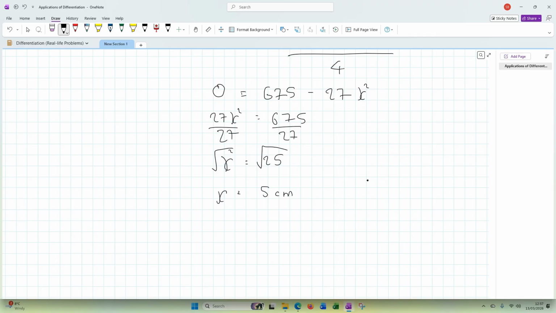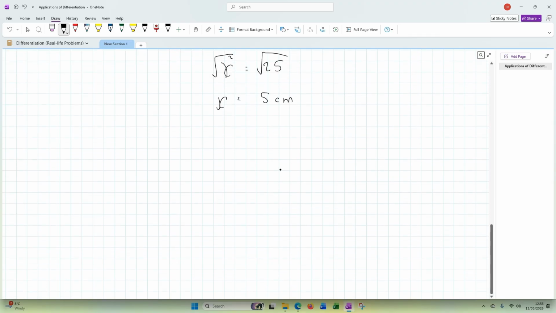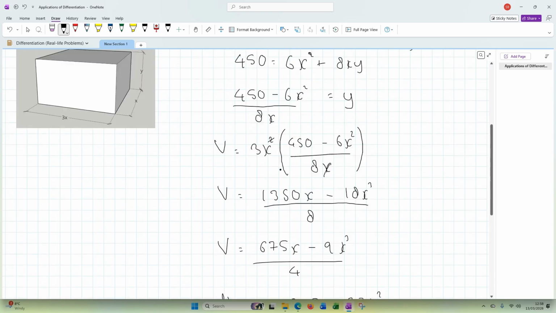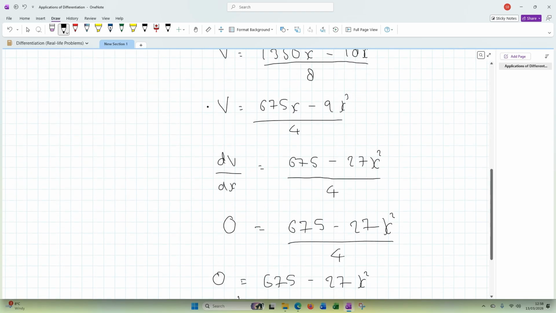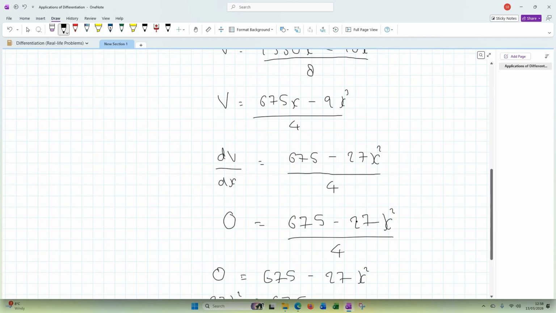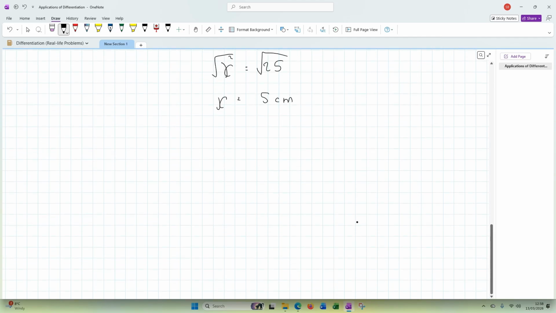So then we can find the maximum volume just by plugging in the 5 centimeters into the formula for the volume. So V equals 675 times 5 minus 9 times 5 cubed.